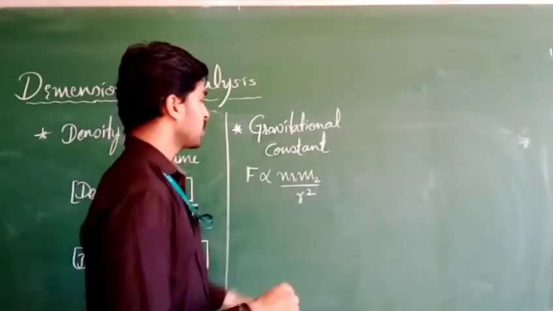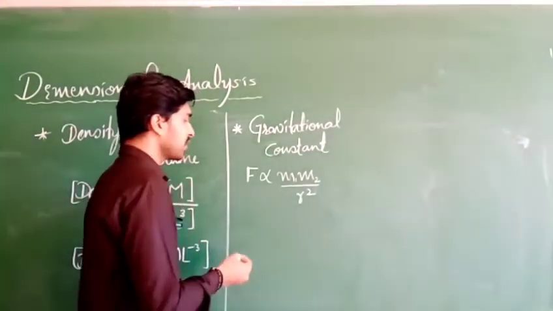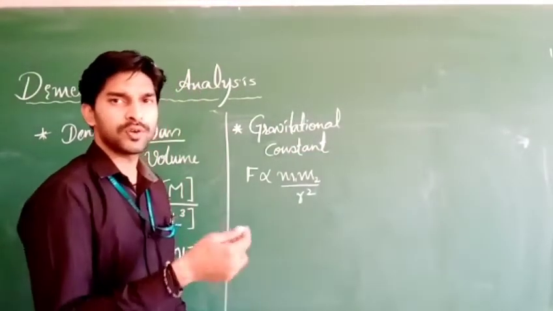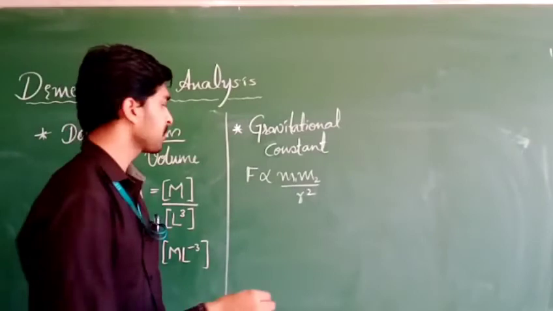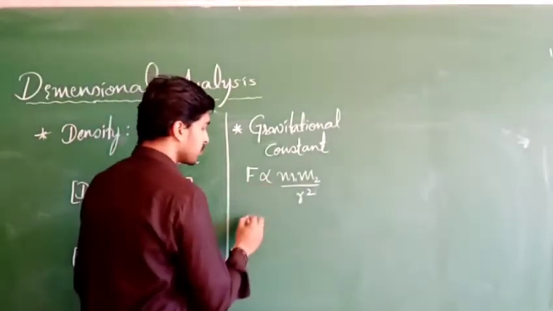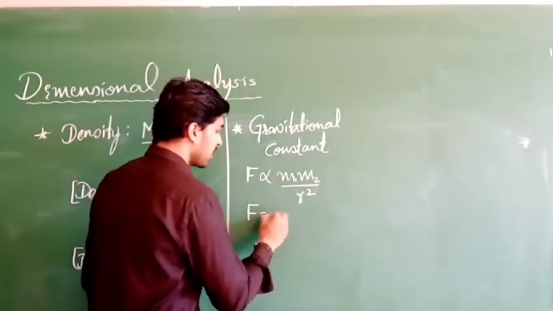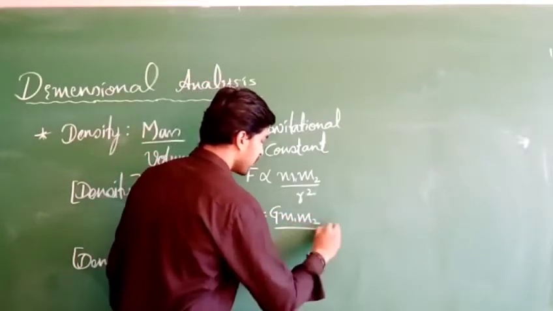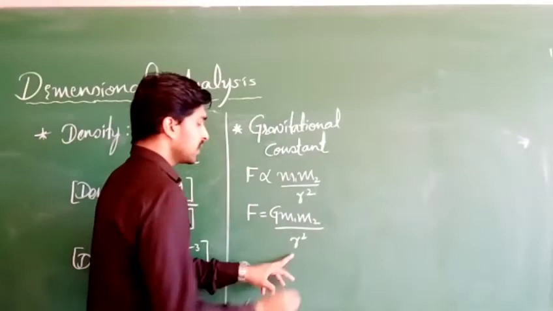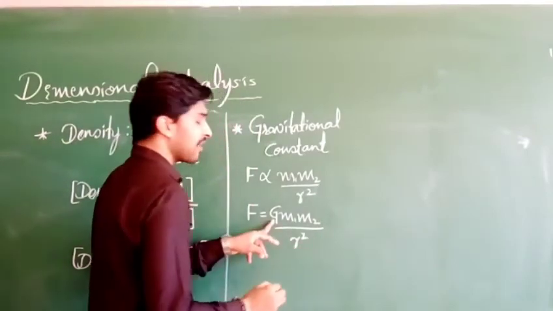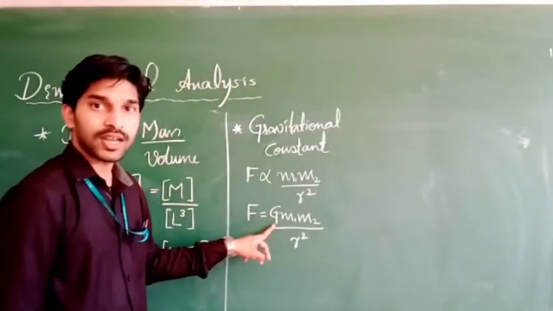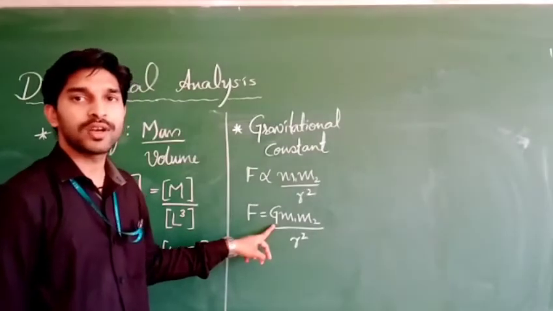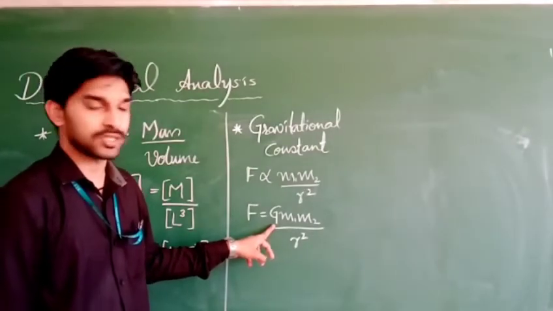Clear? If you have not yet watched that video, you can go and watch the physical world first video. Next, if I remove this proportionality constant, what can I write? F is equal to G m1 m2 whole divided by r square. Clear? This G is the gravitational constant.